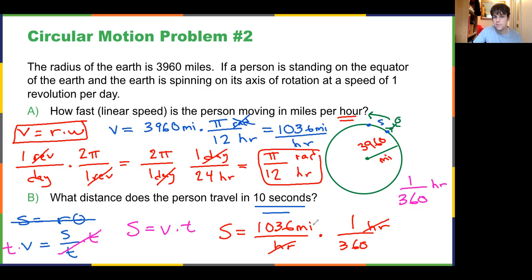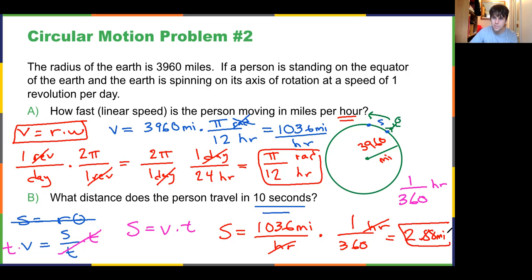Cancel out hours, and we're simply dividing by 360 here. So 1036 divided by 360. So that's around 2.87 repeating. So 2.88 miles. We round this at some point.